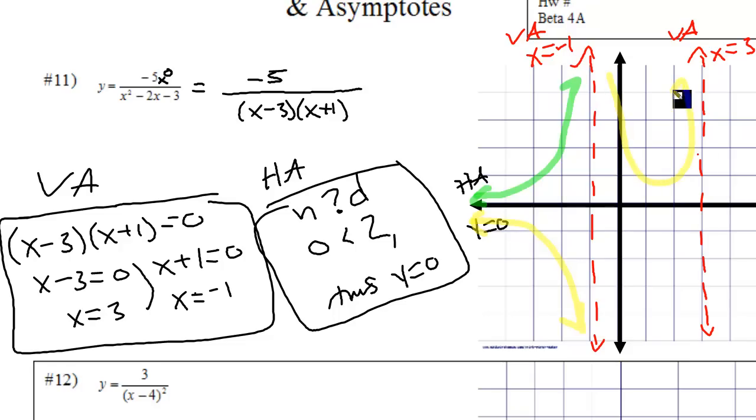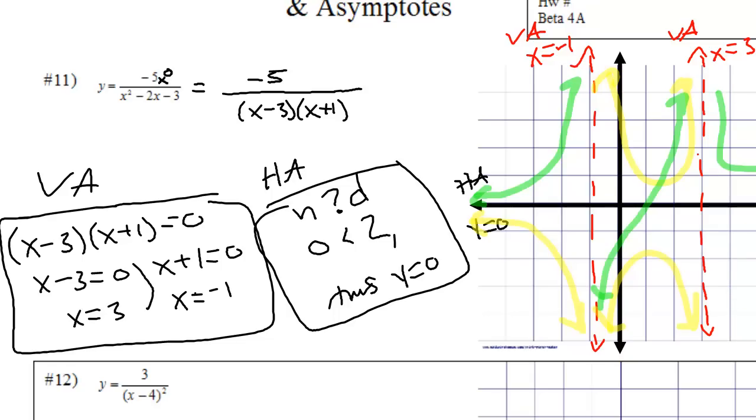Could be some type of a parabola up here or down here. Could also be, even though it's going to hit this horizontal asymptote, some kind of a curve like this. And then lastly, in this last one, it's either going to be a curve like this or like this. So those are your options.